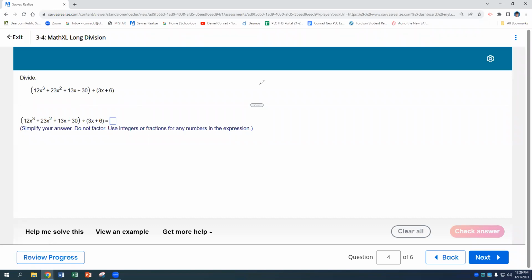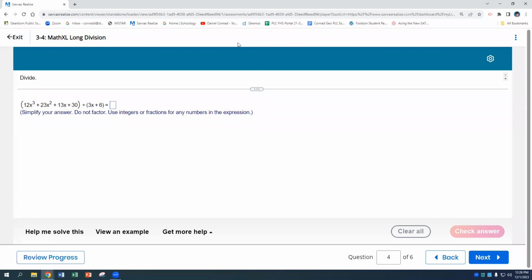Okay, so we're doing, get the words out of the way. 3x plus 6. Dividing it into 12x to the third plus 23x squared plus 13x plus 30.